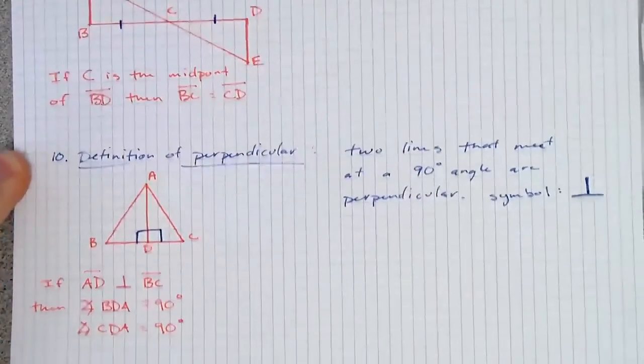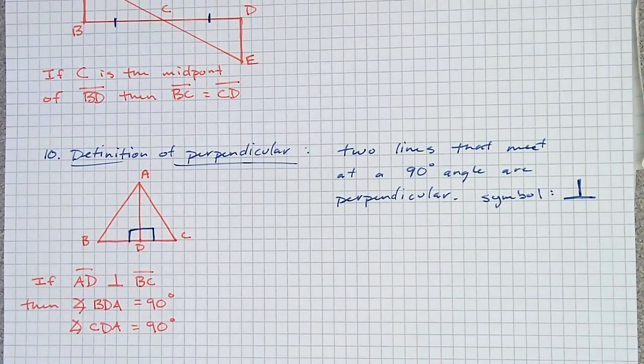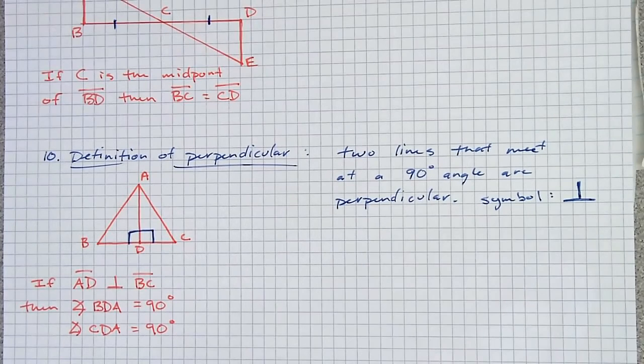And the last one, definition of perpendicular. Two lines that meet at a 90-degree angle are said to be perpendicular. That's a symbol we use over there.